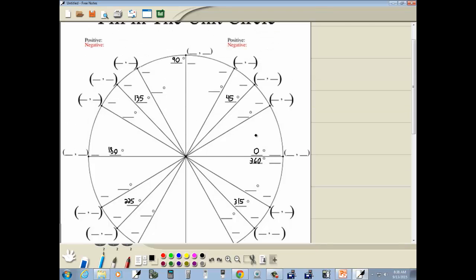Okay. Now, excluding the quarter marks, and of course the axis, the x-axis and the y-axis, if we look at the rest of them, we just keep adding 30 over and over.